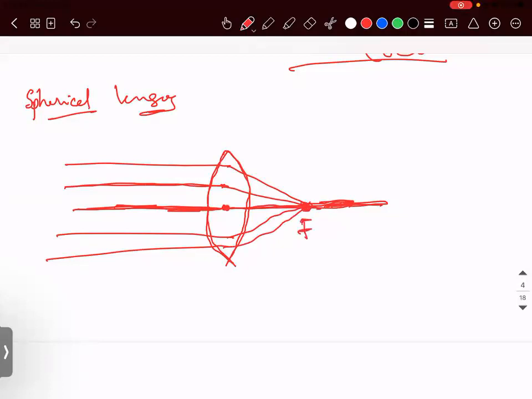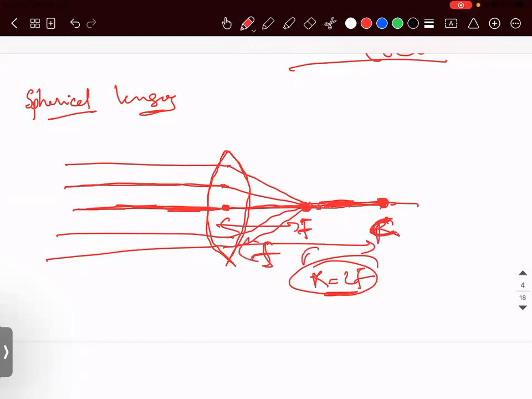From here to here, the distance is the focal length. Here again, this is R, R equal to 2F. C is the center of curvature. This distance is R. So here the sign convention is again the same.